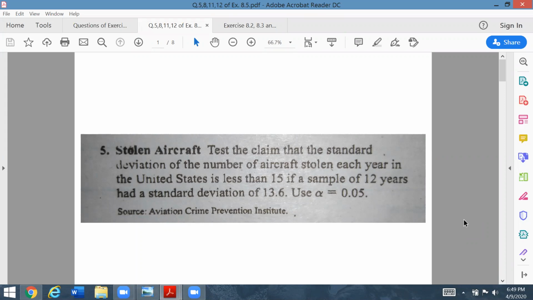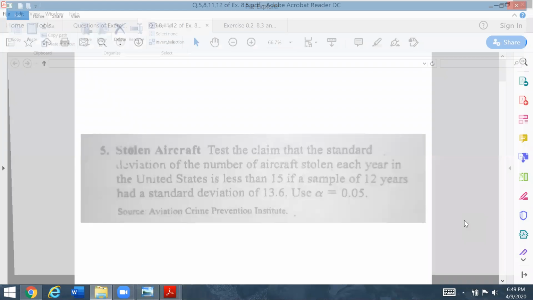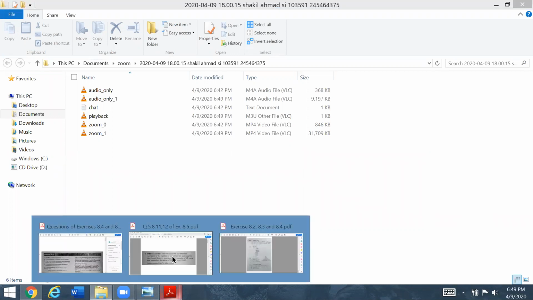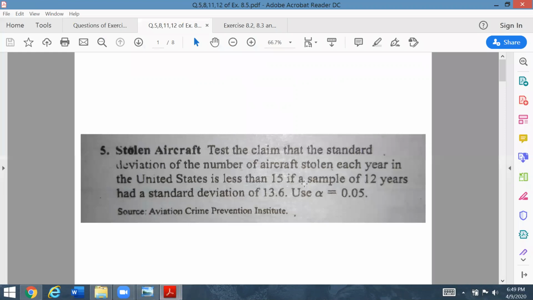Test the claim that the standard deviation of the number of aircraft stolen each year in the United States is less than 15. If a sample of 12 years had a standard deviation of 13.6, use alpha equal to 0.05.